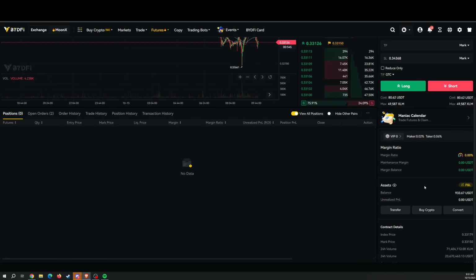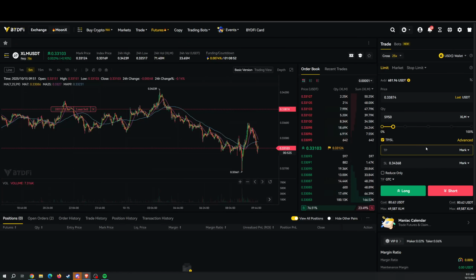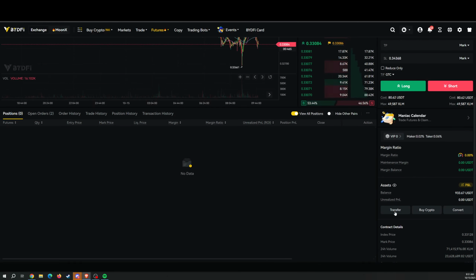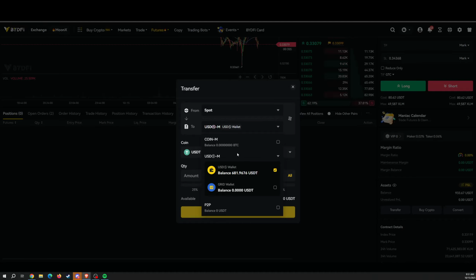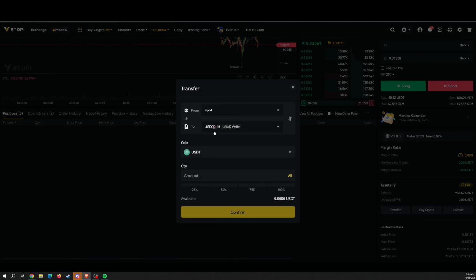One thing I didn't mention is to actually get money into your leverage trading account within your exchange. As you go down here to transfer, I don't know where it would be on your exchange, but you would hit transfer, and then you would transfer from spot to whatever you're using. Here I'm using USD.